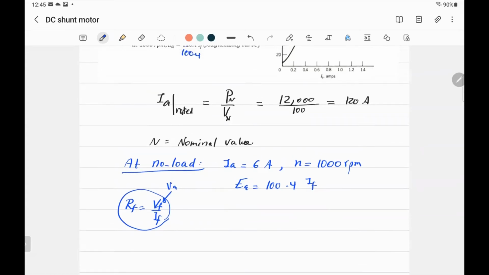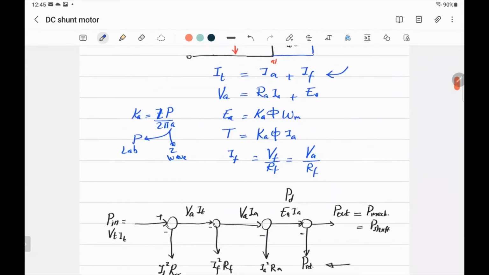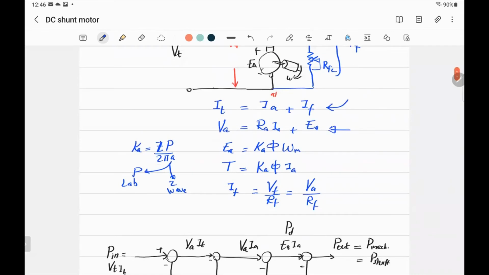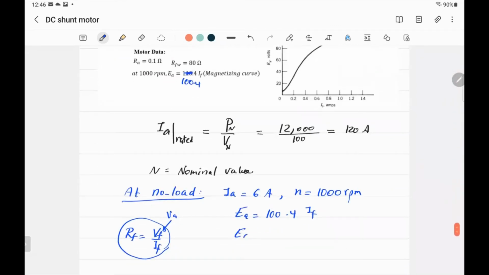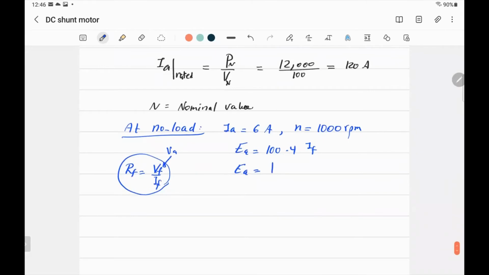EA, from the equation that's given here for the shunt, you can find EA. EA is equal to the voltage minus RAIA. So I will write EA is equal to the voltage of the supply minus RAIA.